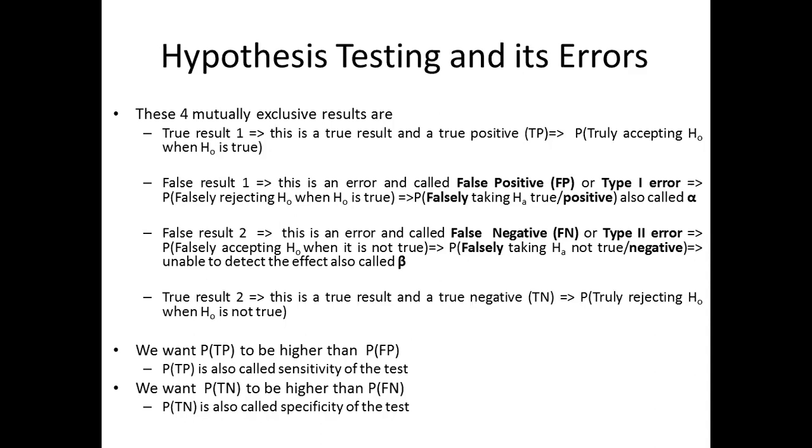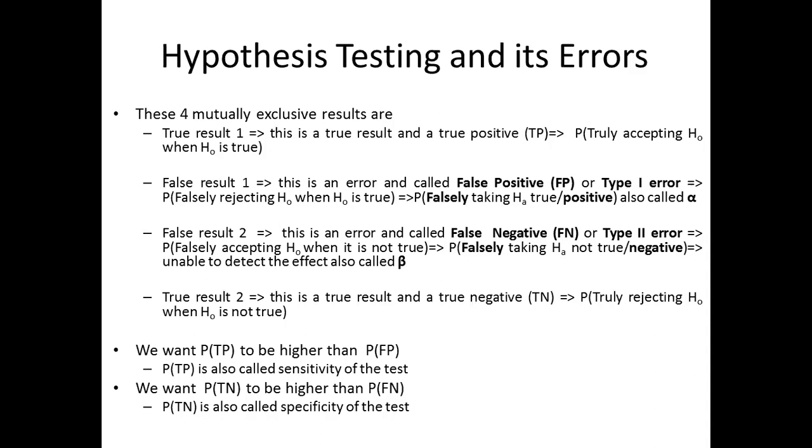Okay, false result 2. This is an error and called a false negative or type 2 error. It shows the probability of falsely accepting H naught when in actuality H naught is not true, or similarly, the probability of falsely taking HA as not true, or taking it as negative when it is present in the phenomena.